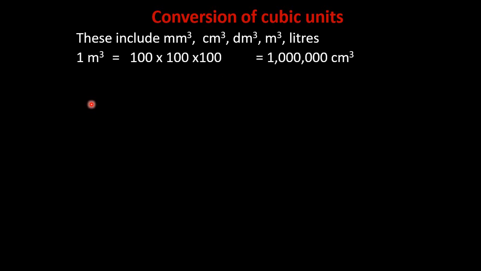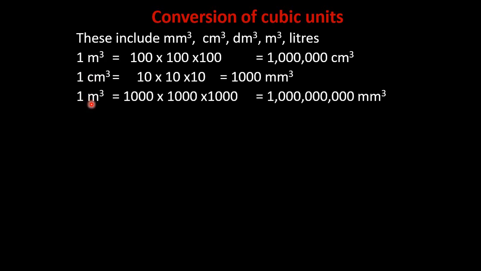Now, if I have 1 centimeter, it is equivalent to 10 millimeters. So it implies that 1 centimeter cubed is equivalent to 10 millimeters times 10 millimeters times 10 millimeters, which gives you 1000 cubic millimeters.